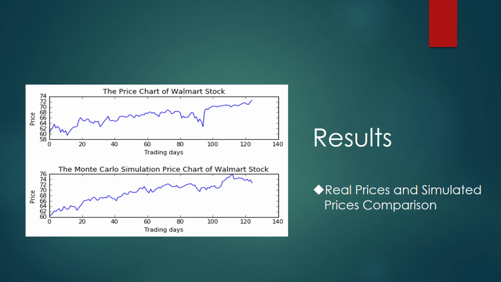From the graph, we can see that the trends of these two price charts are very similar. Although the fluctuation of the Monte Carlo simulation is less than the real price in this scenario, it does not mean that the Monte Carlo simulation will produce a relatively stable result for us.